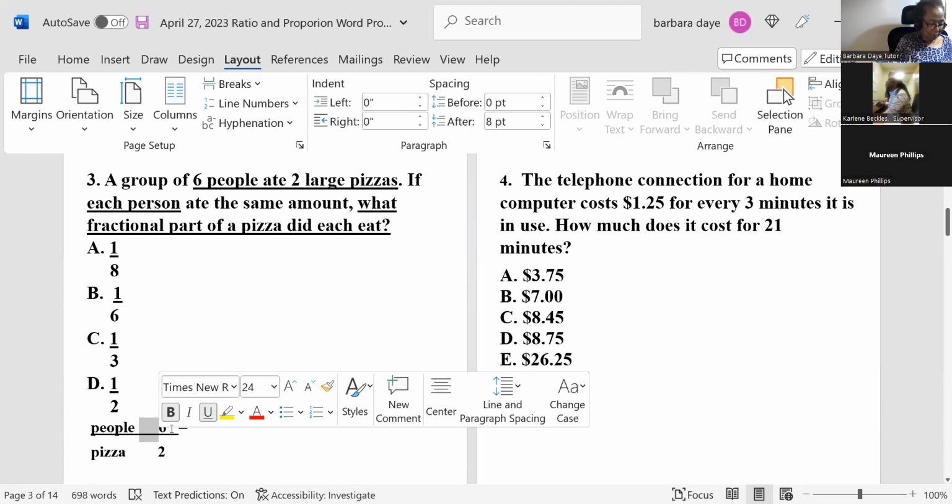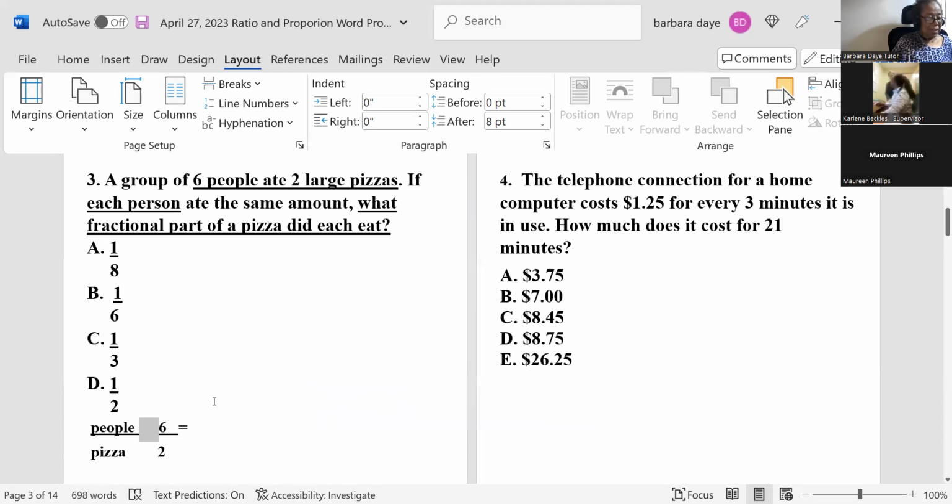Now 6/2, that's the number of people, and the pizza is 2 pizzas. Now each person, that means one person, and that would be over the variable.